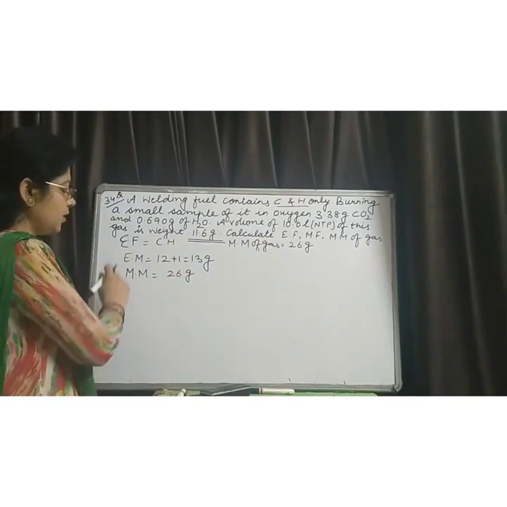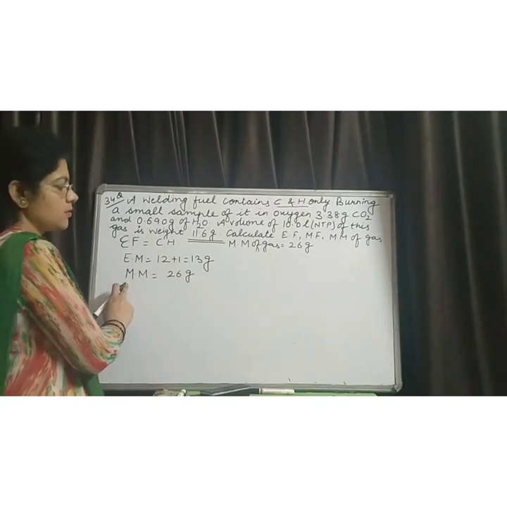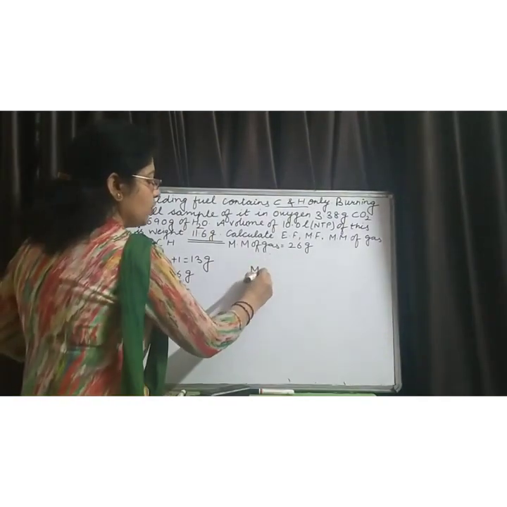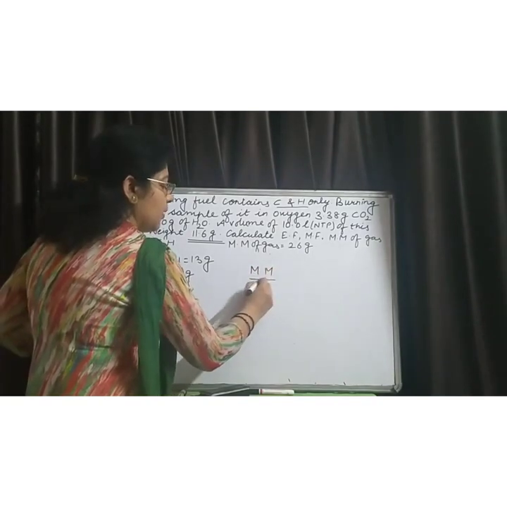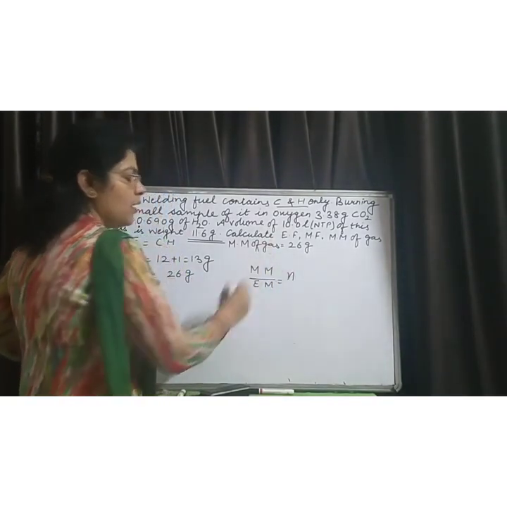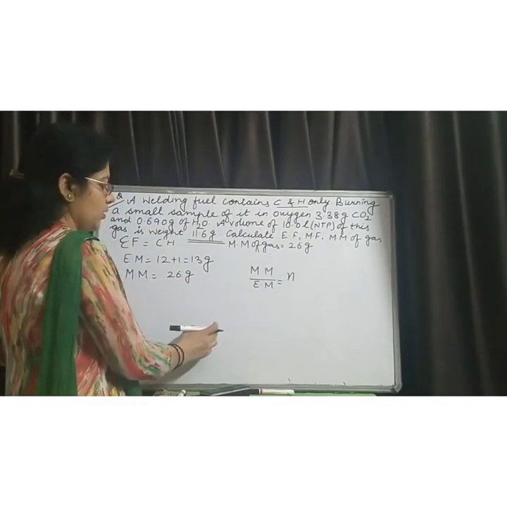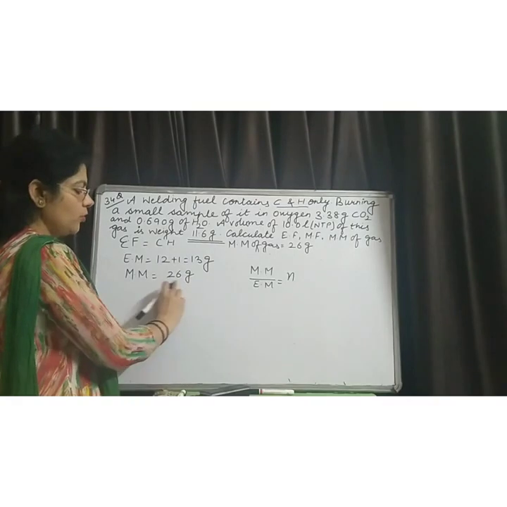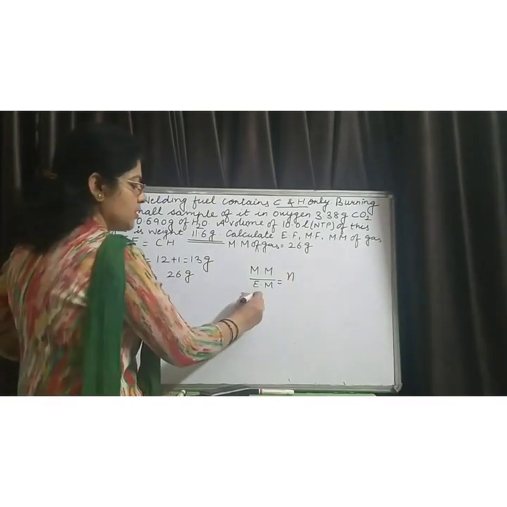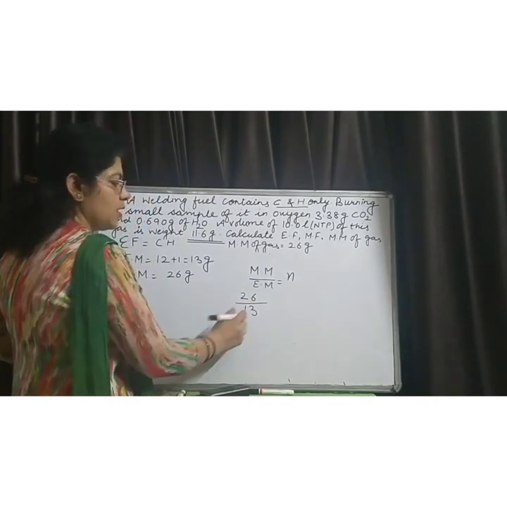We know that there is a relationship between empirical mass and molecular mass. When we divide molecular mass by empirical mass, we get the value of N that we have taken in the molecular formula. Here molecular mass of the compound is 26 and empirical mass is 13.